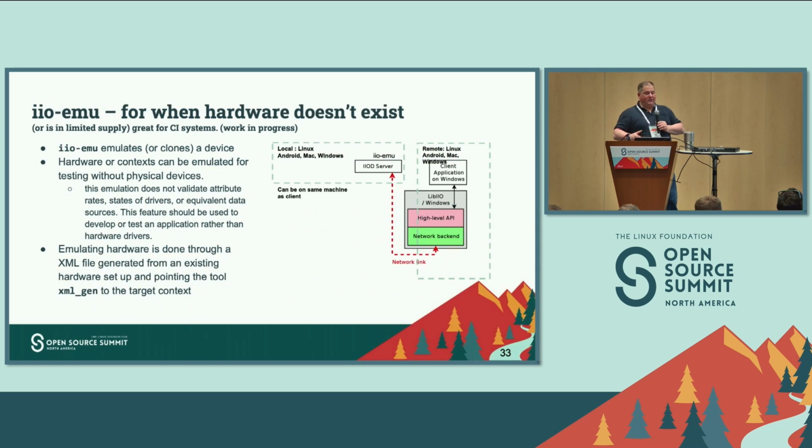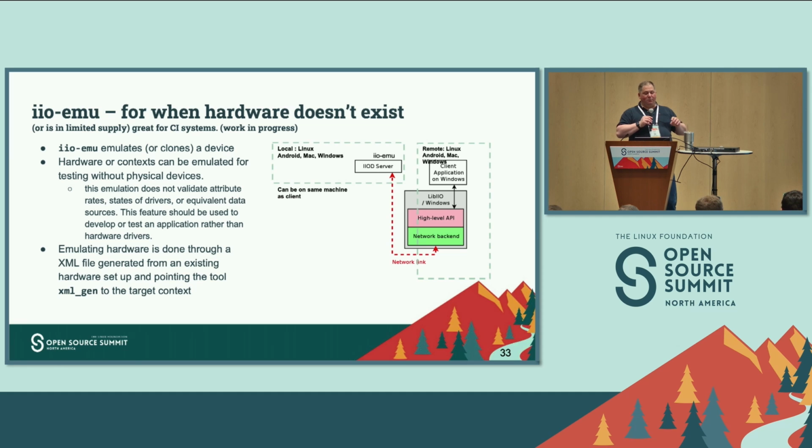The other thing that we've done is an IIO emulator. For those people who are in the embedded space, those first 10 prototypes you have that are working are gold. Everybody wants them, and the people who need them can't get them. So what we did is create a mock of an IIO device.